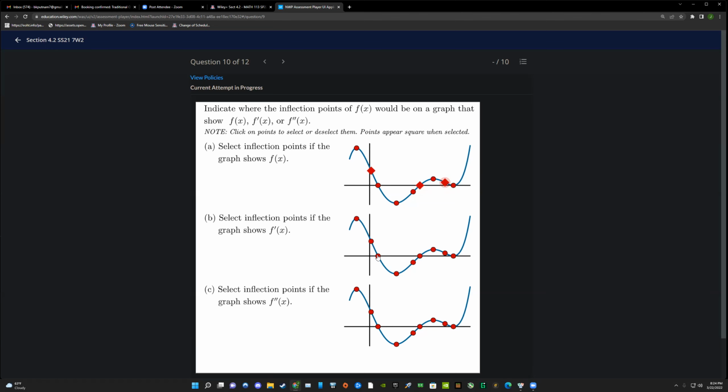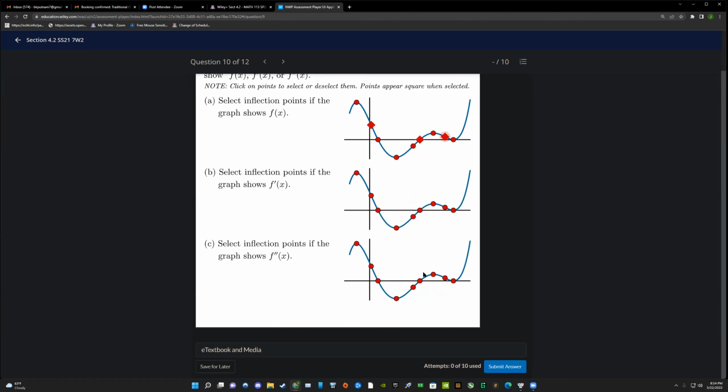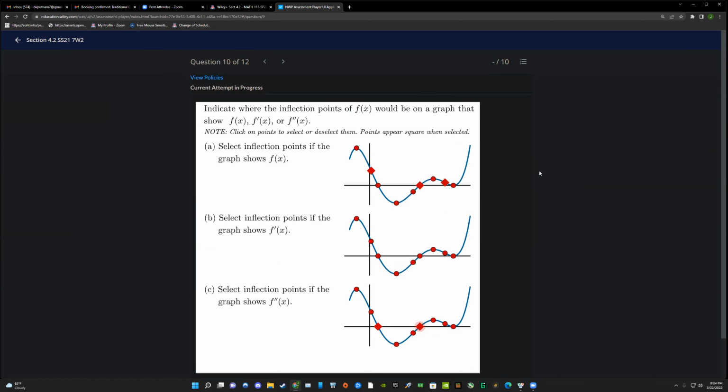Let's go to part C, the third graph, and we just did this. It's an inflection point where it crosses the x-axis, where it changes from positive to negative. Would it be here, and then here? Does not cross. Okay. And remember I said there are different rules for each one.